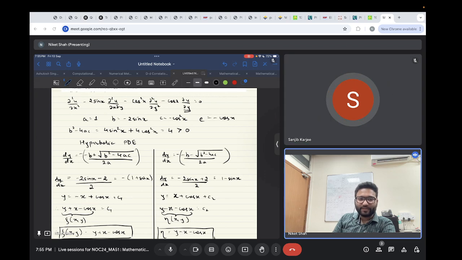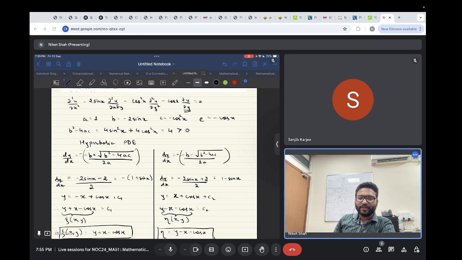So I did explain that in the beginning itself. Generally, we have three different kinds of second order derivative terms. We have del square u by del x square, del square u by del y square, and del square u by del x del y. And having all these three terms in the partial differential equation, the equation becomes very difficult to solve. So we have a lot of standardized techniques to solve partial differential equations.